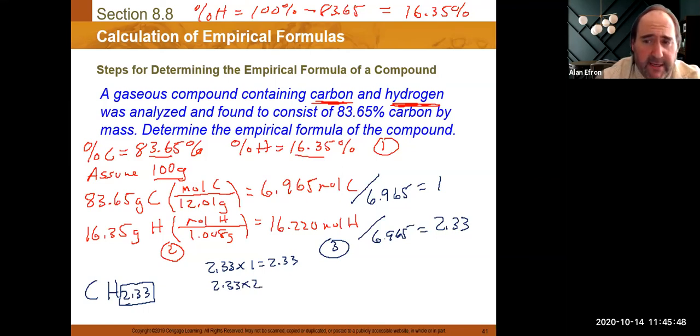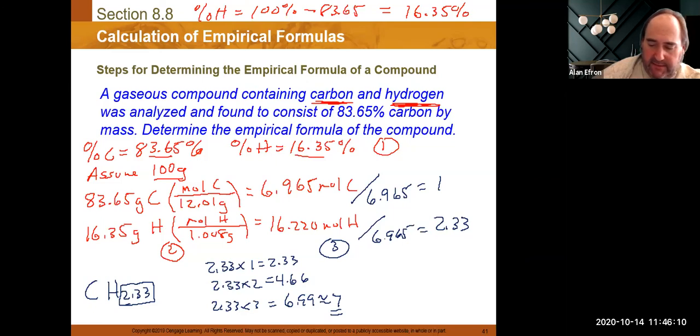that's going to get us 4.66. 2.33 times 3 will give us 6.99, and that is pretty close to 7 in that particular case. That means we can multiply everybody there by 3 and achieve whole numbers.